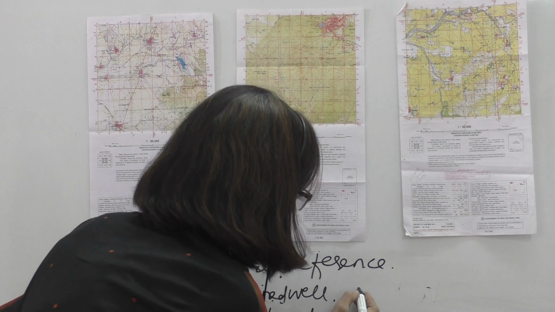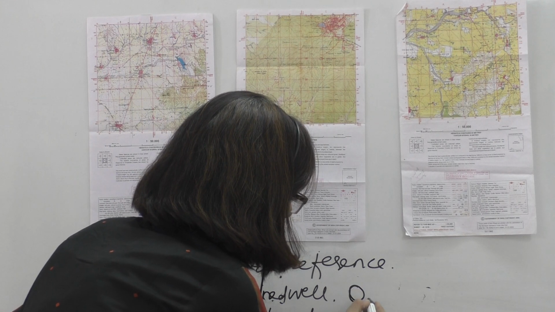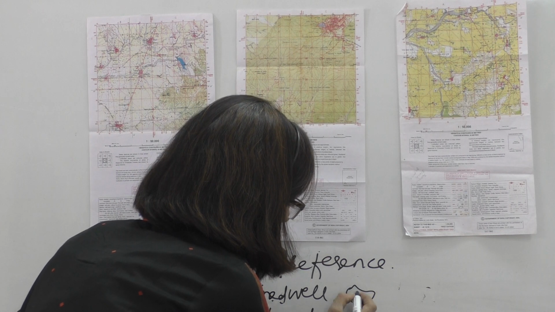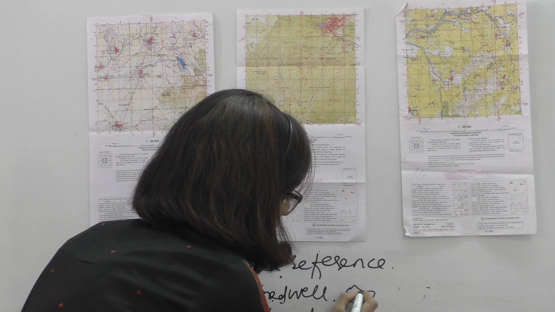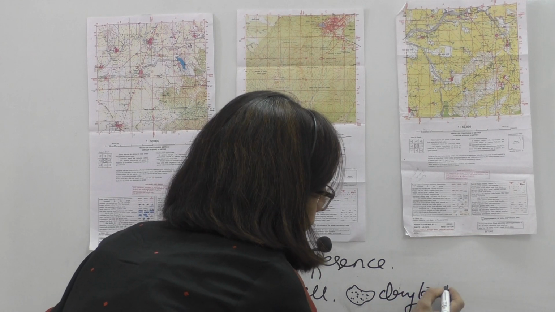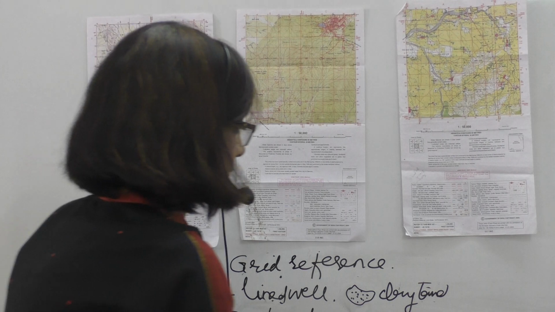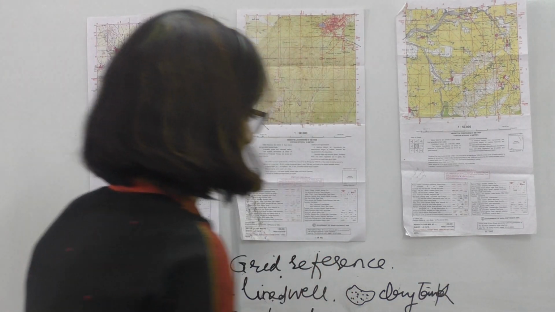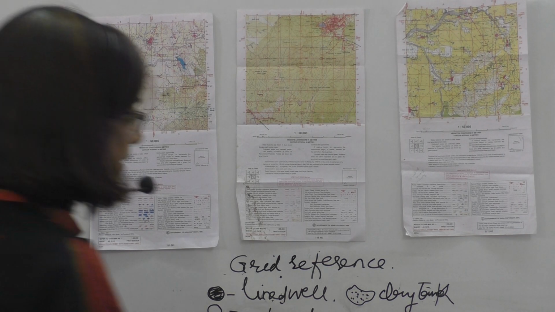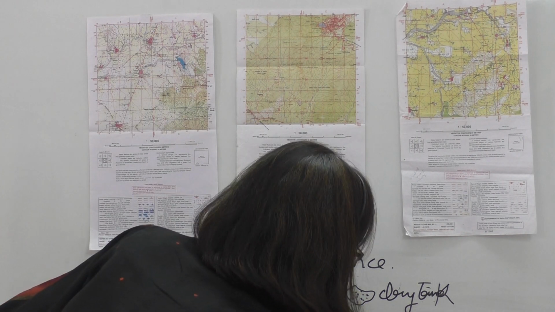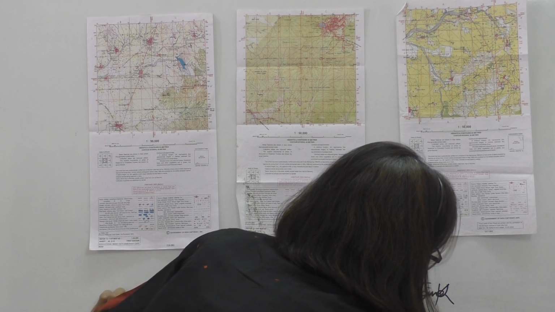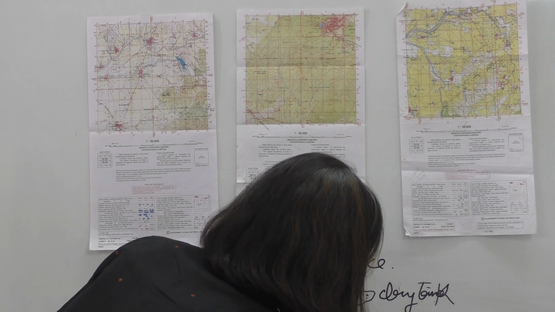Dry tank: the structure may be anything, not necessarily very round, with dots, is a dry tank. These are the commonly asked objects.